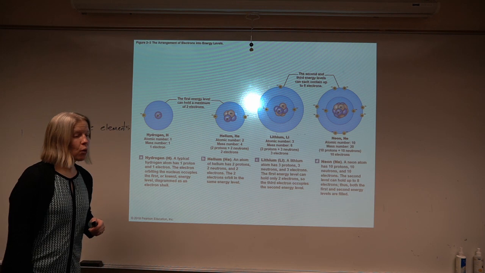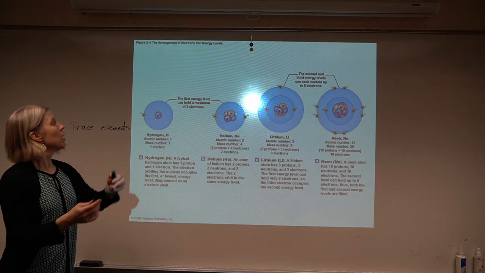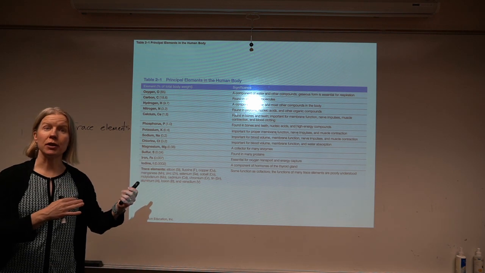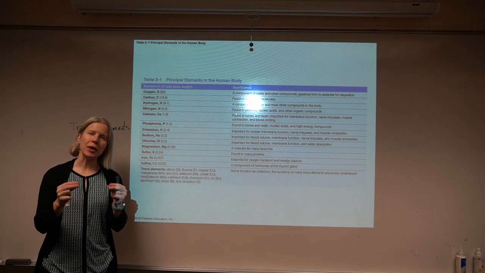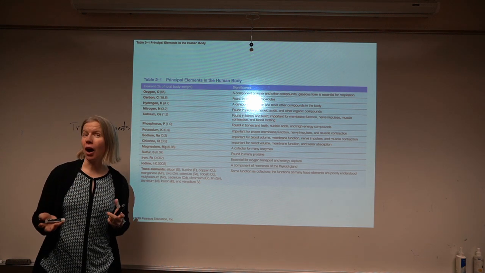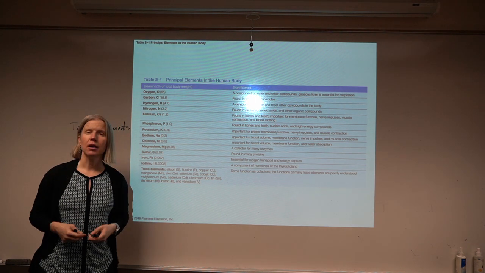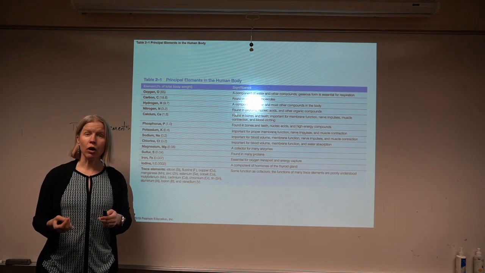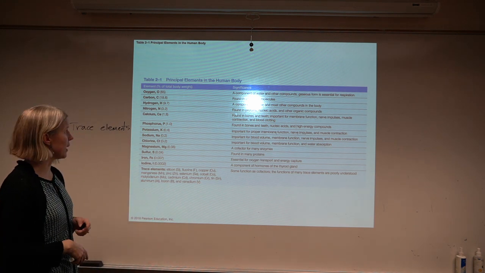Okay, so when we look at why these elements are important, a lot of the time when we're talking about them, it's going to be how they're interacting with each other, whether they're making slightly more complex molecules, more than one element hooked together, or the way they're doing things in the body.